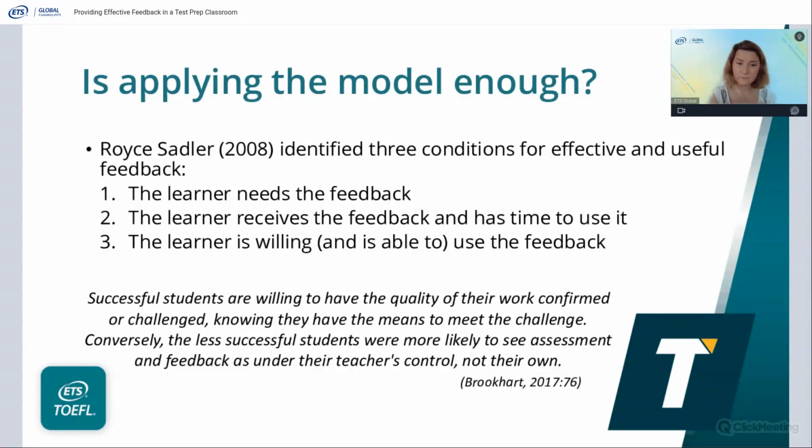Conversely, the less successful students were more likely to see assessment and feedback as under their teacher's control, not their own. So again, speaking of the ownership, learner agency, taking responsibility for their own learning, that's also extremely important.